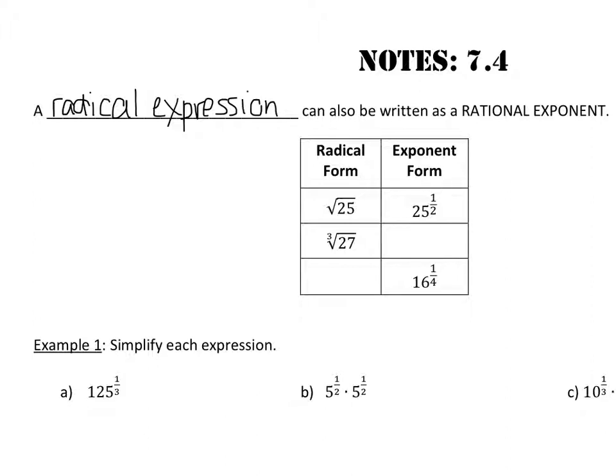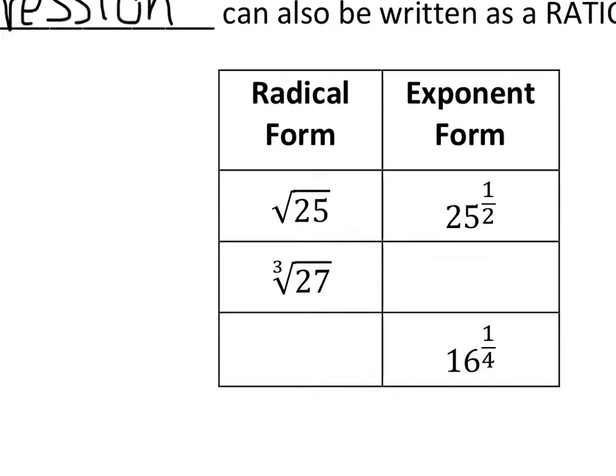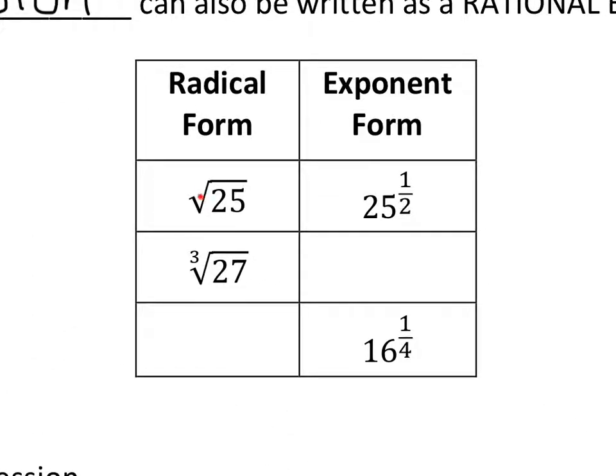For example, the radical form of square root of 25 can be written as 25 to the 1/2. The index becomes the denominator. And whatever exponent is here, which was 1, like 25 to the 1, becomes your numerator.